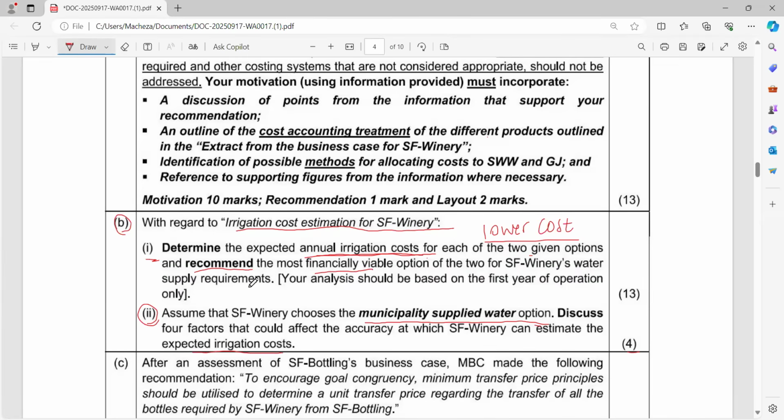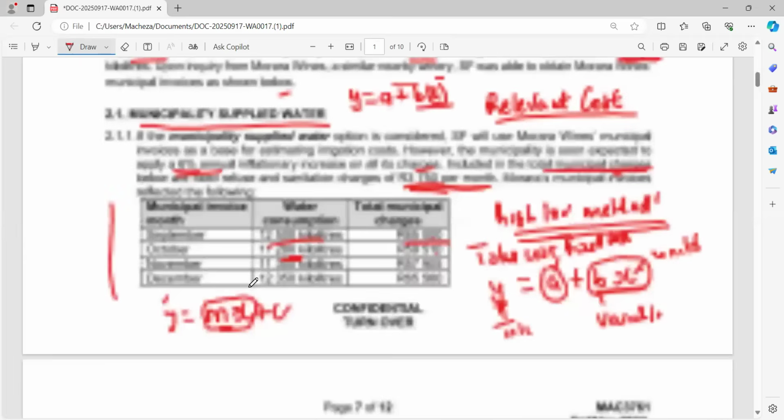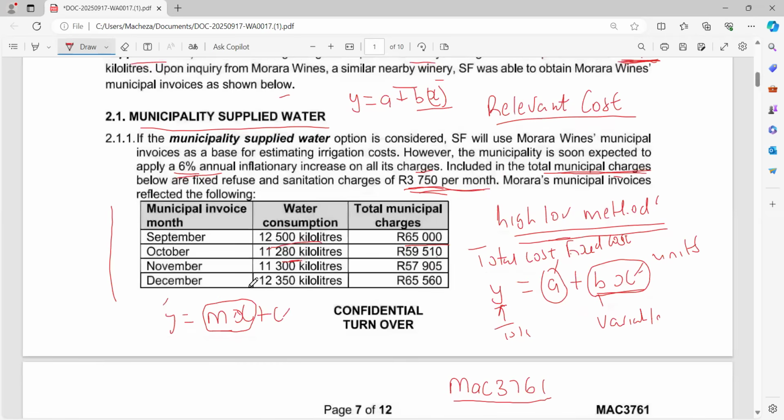Let's go to the estimation. What can we say can affect the estimation of this municipality water? This is what they use to estimate. Automatically, there is an answer that we should have, because these guys use Morara municipality.